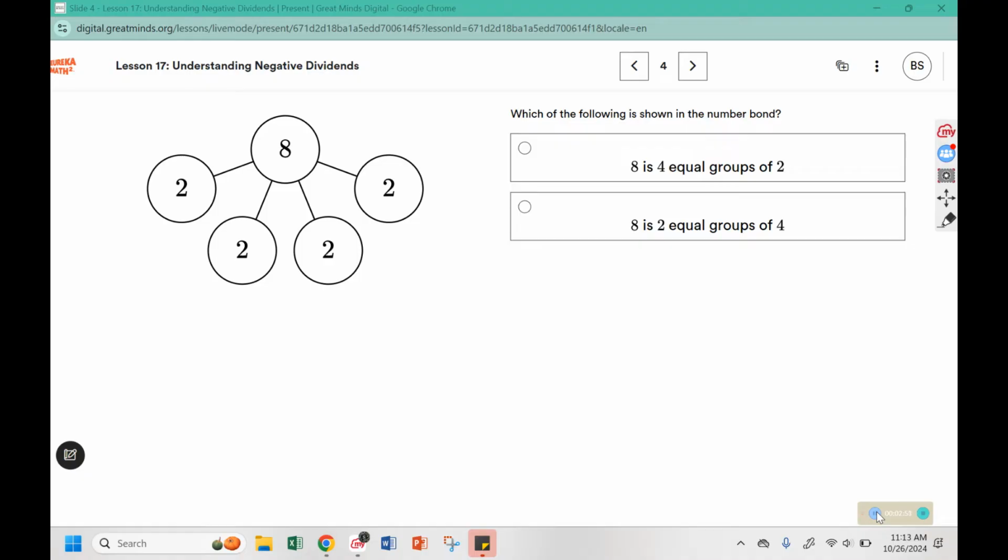Which of the following is shown in the number bond? This time we have 4 groups of 2.